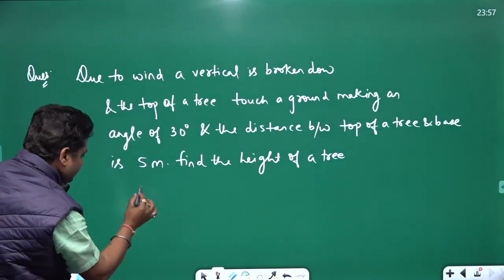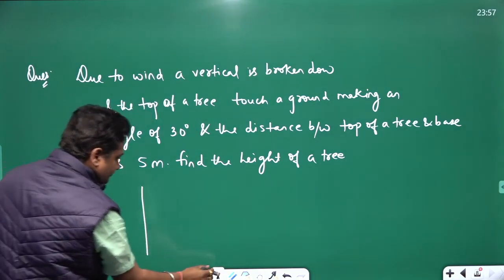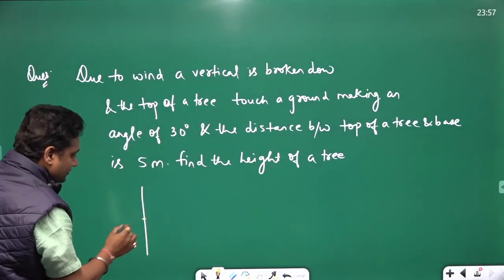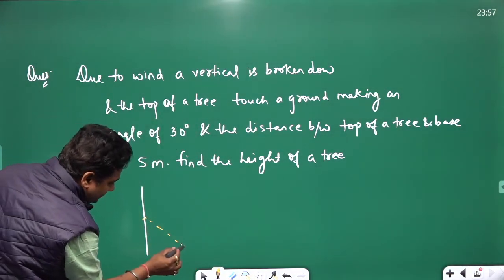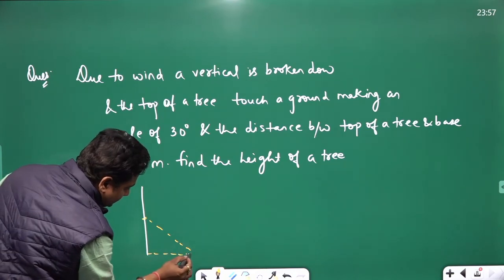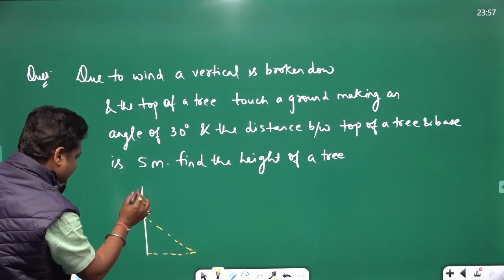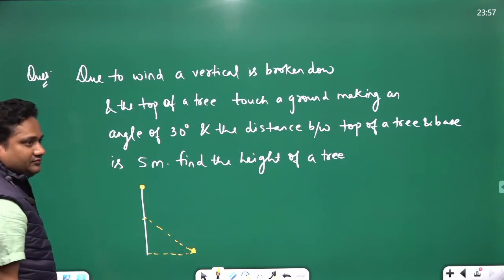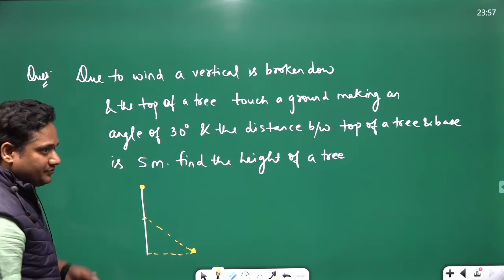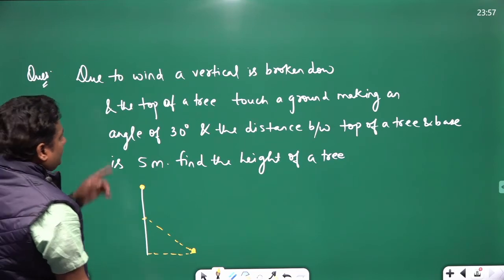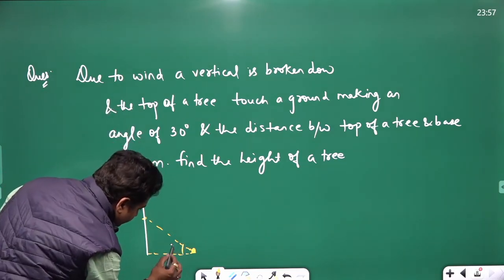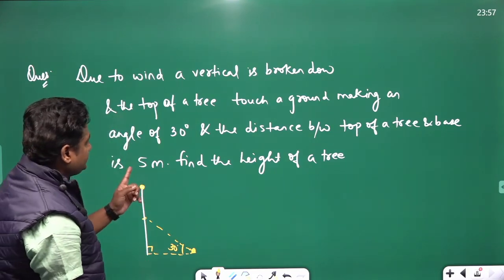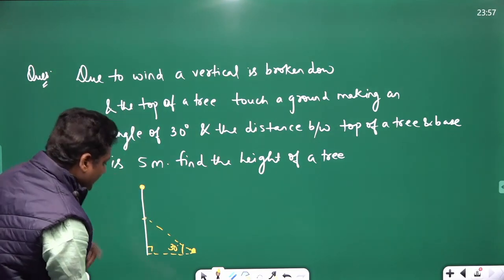This is the top, so the top touches the ground, right? Making an angle of what? 30 degree. This is 90 degree. And the distance between the top of the tree and the base is 5 meter.